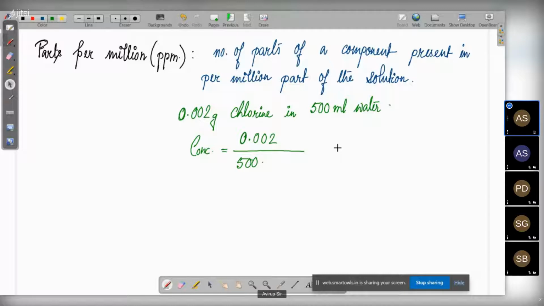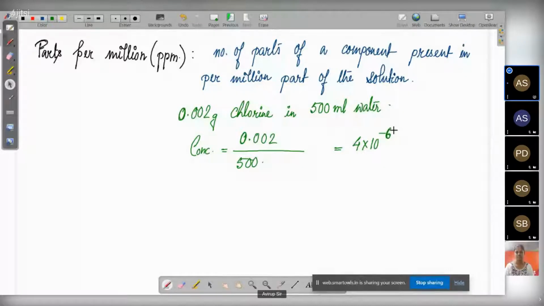That comes out to be equal to 4 into 10 to the power of minus 6. So this is the calculation. Now what is the problem over here?